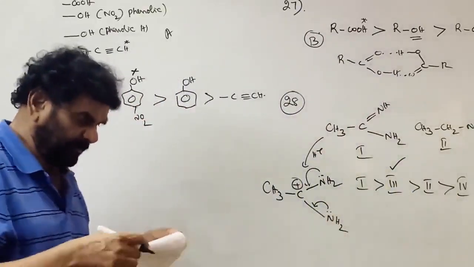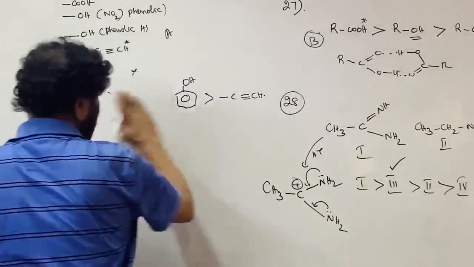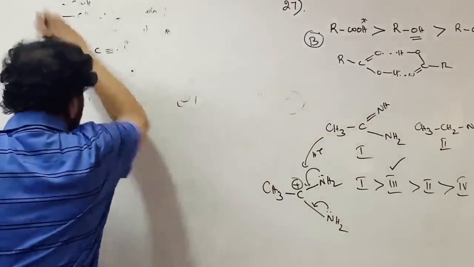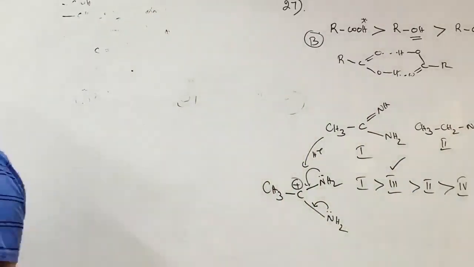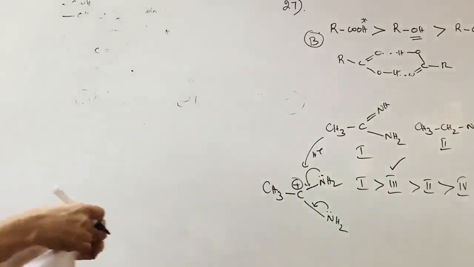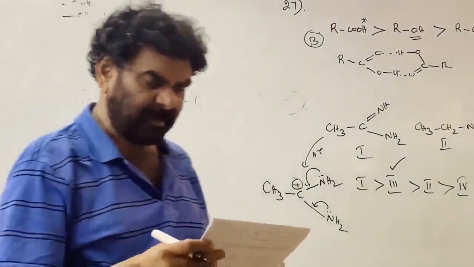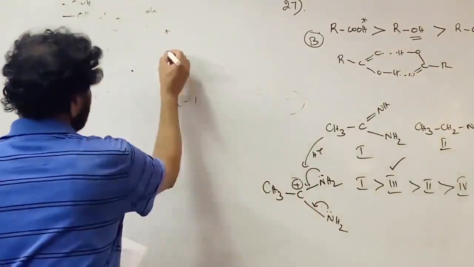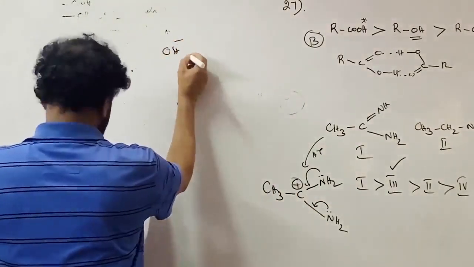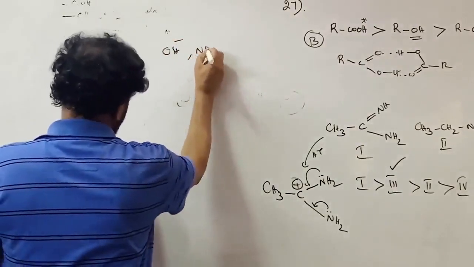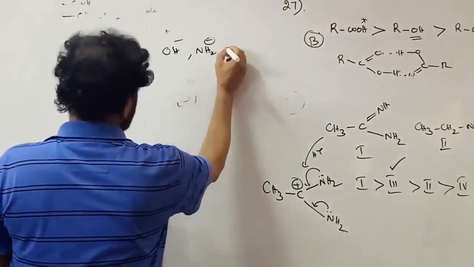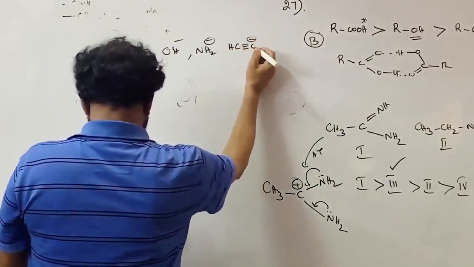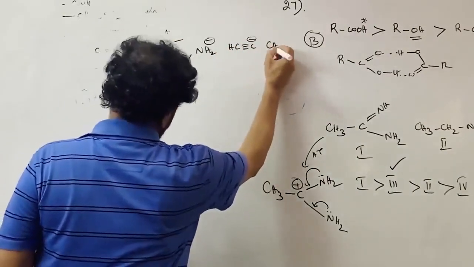The next one is on the basic properties of some species, given to be arranged in decreasing order of basic strength: hydroxide ion OH minus, NH2 minus ion, acetylide ion with the triple bond C minus, and ethyl carbanion.